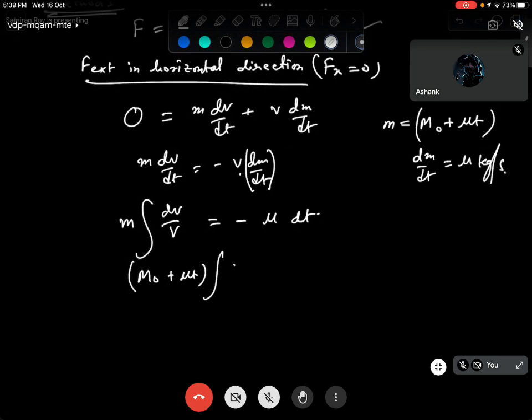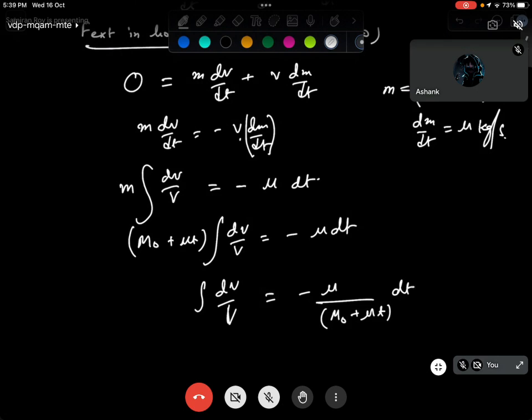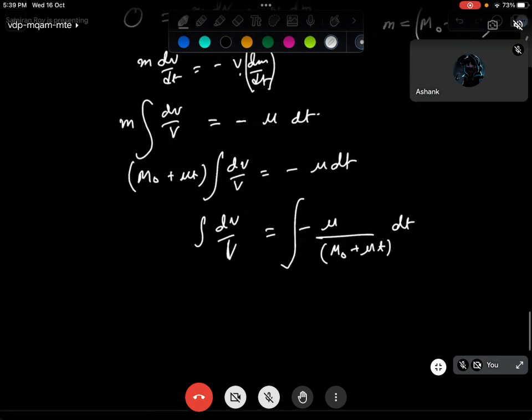Integration of dv by v equals minus of mu by m0 plus mu t into dt. You have to integrate it. It's not a constant term, it's a term of t. So integrate from 0 to t, where velocity is changing from v0 to v.